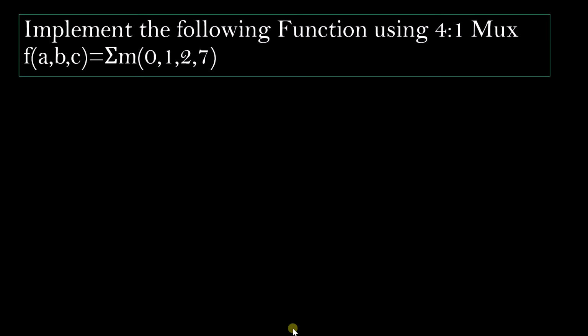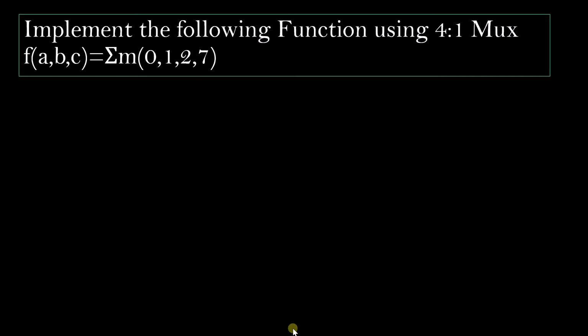Next problem: we have to implement the function using a 4:1 mux, and they have mentioned the function a, b, c, and the minterms are specified as 0, 1, 2 and 7. If you look at this particular question, you know that a 4:1 mux requires just 2 select lines.